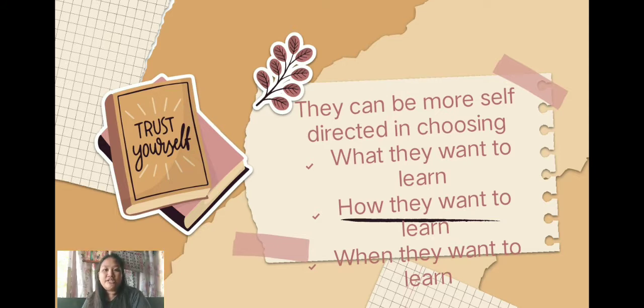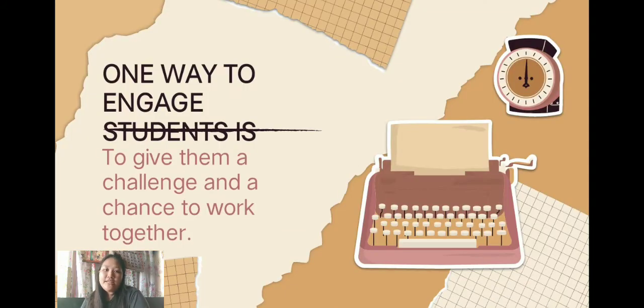So how should teachers engage students to work collaboratively? One way to engage students is to give them a challenge or a chance to work together. One example of this is giving them an issue to discuss where they can continue their discussion even if they are already outside the classroom.